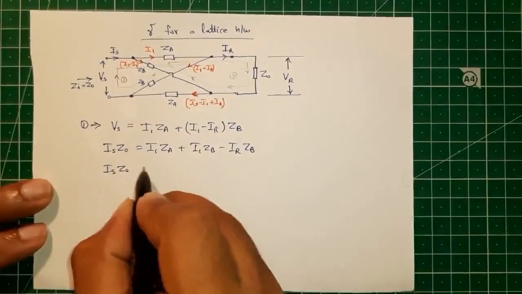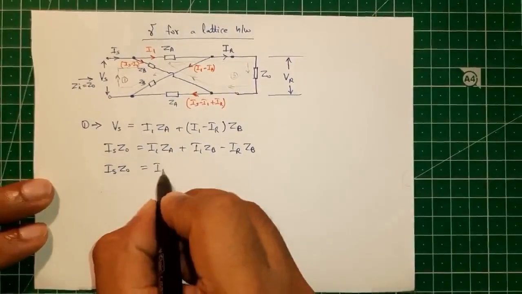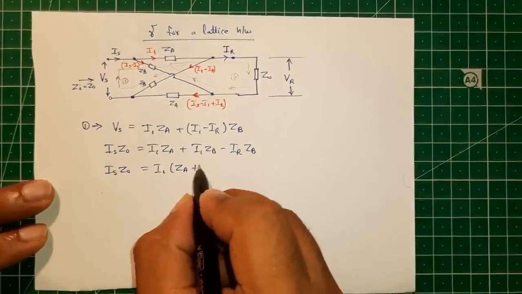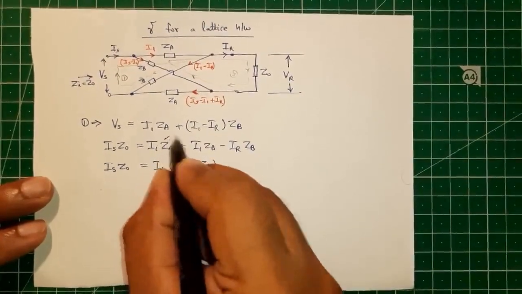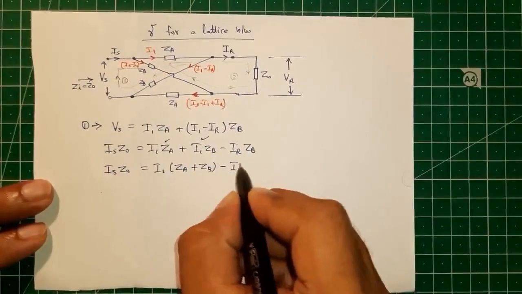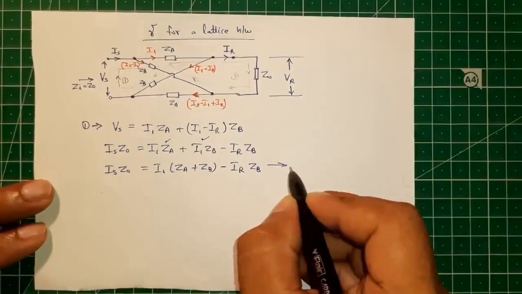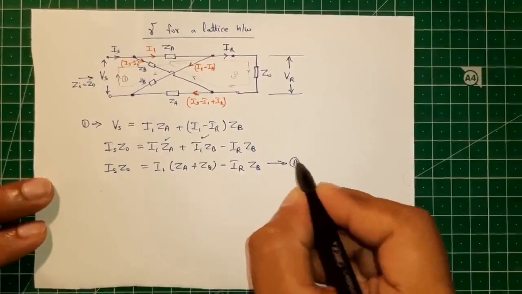This we can rewrite by collecting the terms for I1 as I1 into Za plus Zb, minus IR into Zb. We will label this as the first equation.